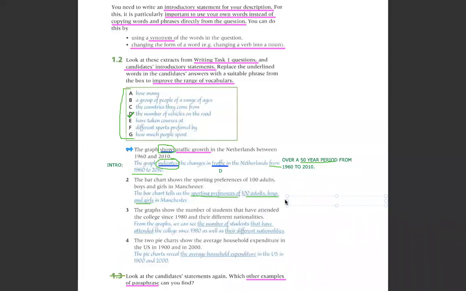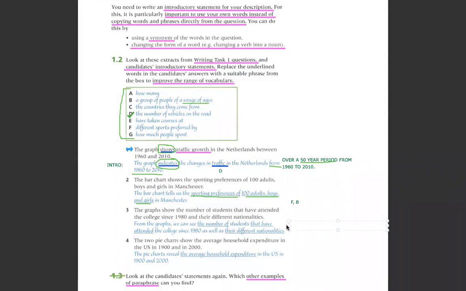Okay, so if you only wrote down 1, please look for the second paraphrase. So the first one is F: differences in sports preferred by. What's the second one if you haven't written it already? And the second one is B: a group of people of a range of ages. So this here is a great phrase to use.